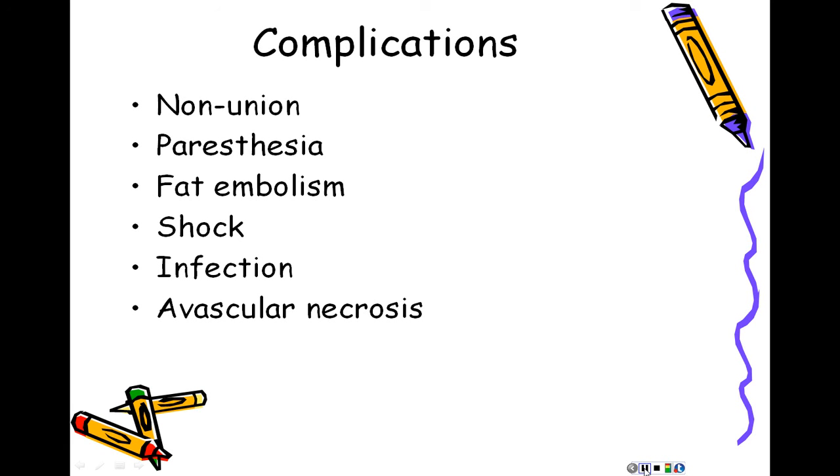Again, think of what we need to be assessing this patient for. We want to especially monitor this person in the first 12 to 72 hours after an injury. We want to make sure that we're assessing this, especially if they have a long bone fracture.